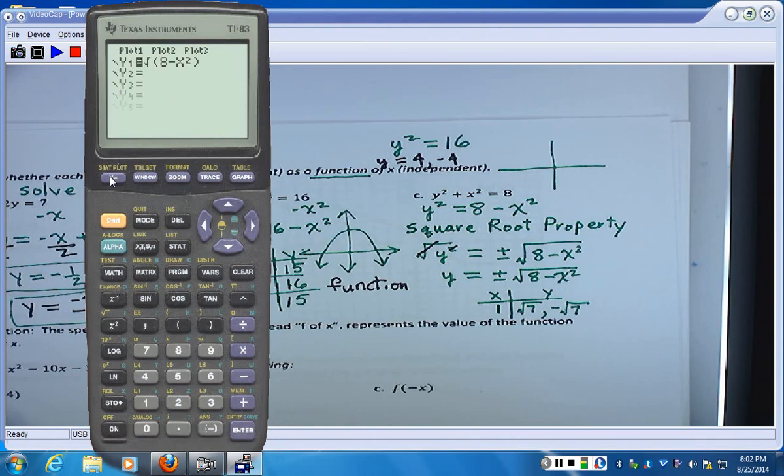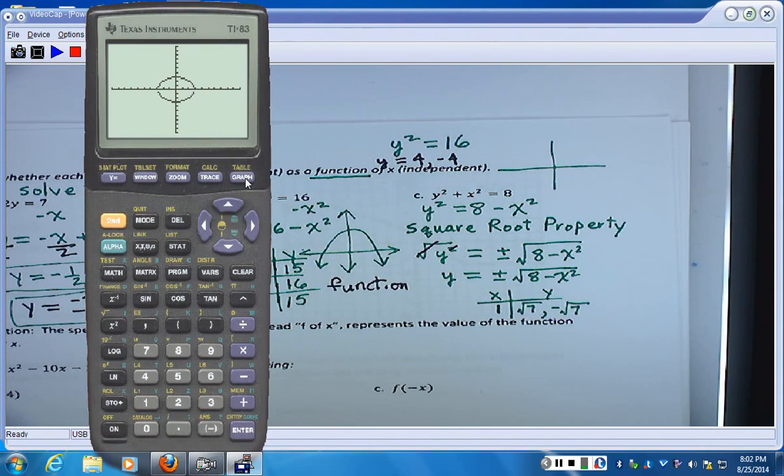The other half is the negative square root of 8 minus x squared. There's the other half. And when we do the vertical line test, we go through 2 points, except at the ends.